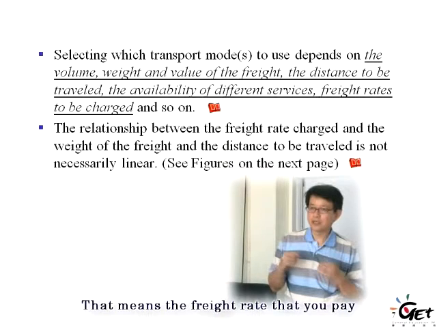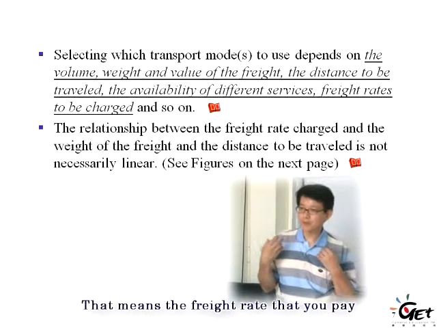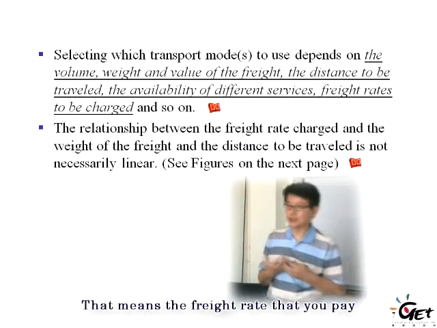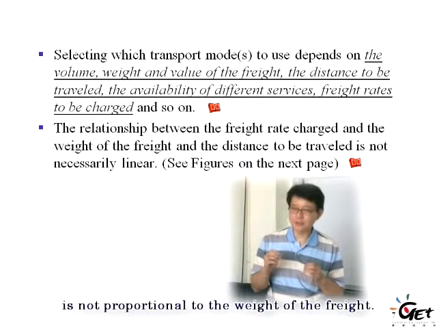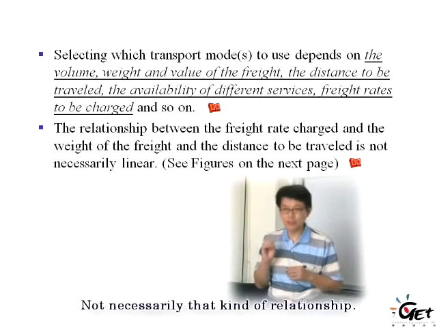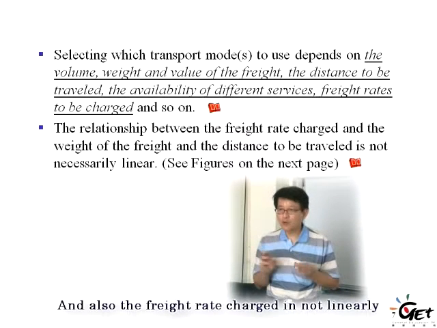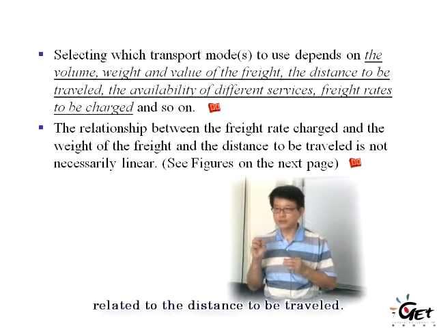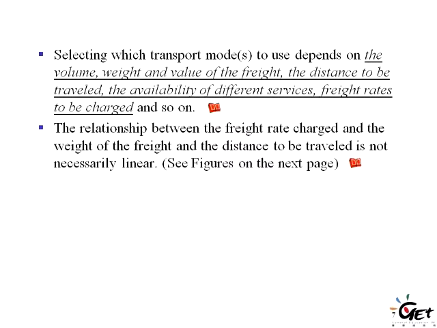That means the flight rate that you pay is not proportional to the weight of the flight, not necessarily that kind of relationship. And also, the flight rate charged is not linearly related to the distance to be traveled. We can see the figures on the next two pages.